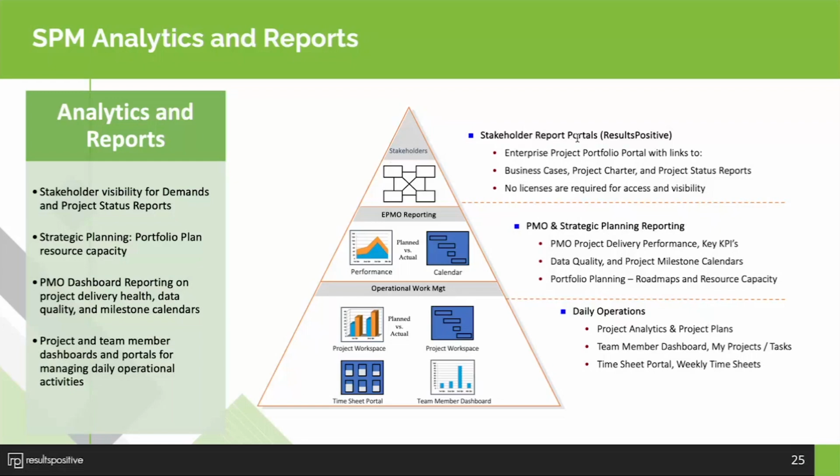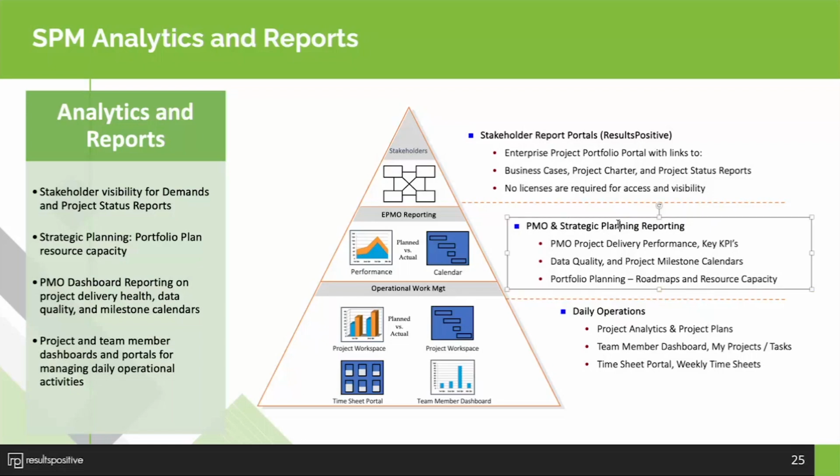And so we as Results Positive created various portals there and give that visibility. It doesn't require a license. You can provide that visibility across the organization. And just providing that visibility can help with decision making, can help reduce burdens when it comes to resource management or just overall collisions, if you will, on projects.